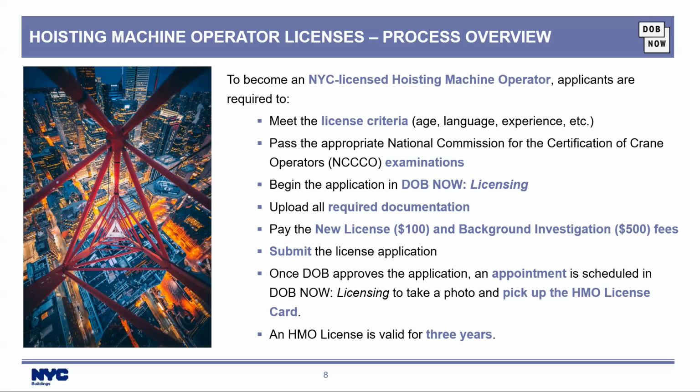They will need to upload all required documentation. They will need to pay the new license and background investigation fees at the time that they submit the license. And then they will submit their license application. Once DOB approves the application, an appointment is scheduled, and you'll schedule that through DOB Now licensing as well, to get your photo taken and to pick up your license card. And HMO licenses are valid for 3 years.